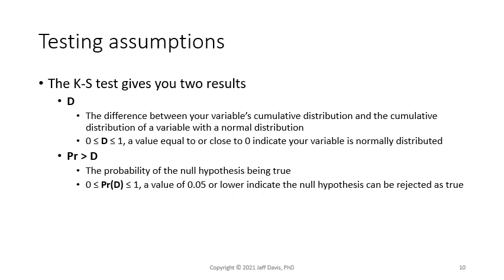Again, this tells you the probability. Technically it tells you the probability of the null hypothesis being true. Your null hypothesis is essentially saying that your data fits a normal distribution. So typically, if the Pr greater than D value is 0.05 or lower, that means the null hypothesis has only a very small probability of being true.